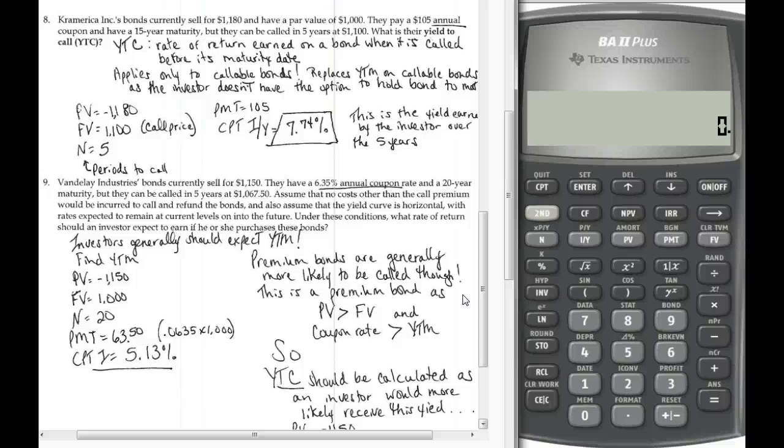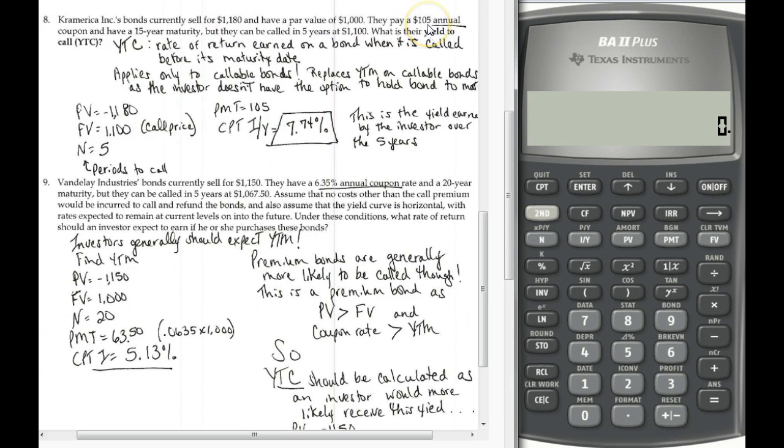So what you compute is essentially the yield that the investor earns in the time they might hold the bond if it's going to be called in 5 years. So how do you set this up? Well, Kramerica Incorporated has bonds that sell for $1,180. They have a par value of $1,000.